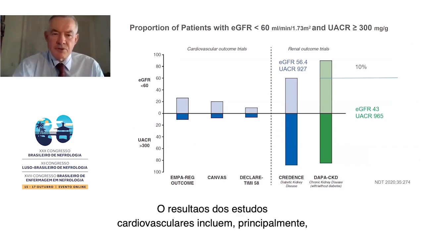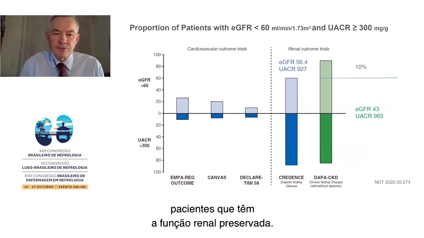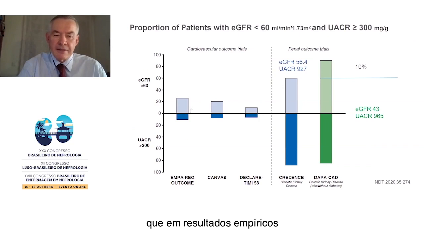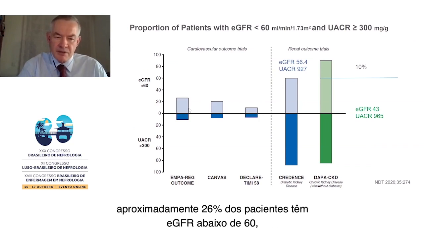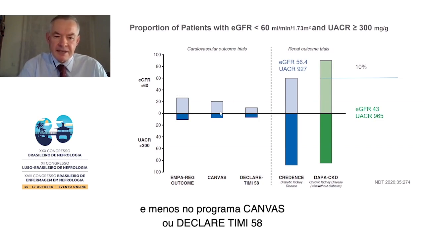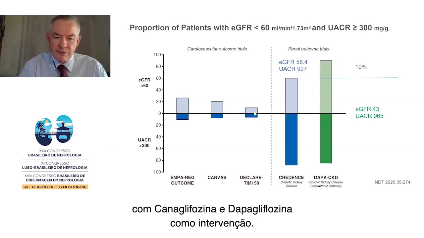Cardiovascular outcome trials mainly include patients with relatively preserved kidney function, and they have enriched only a bit, so that in EMPA-REG OUTCOME approximately 26% of patients have an eGFR below 60, and less in the CANVAS program or DECLARE-TIMI 58 with canagliflozin and dapagliflozin as the intervention.